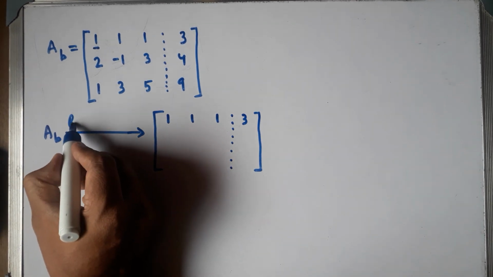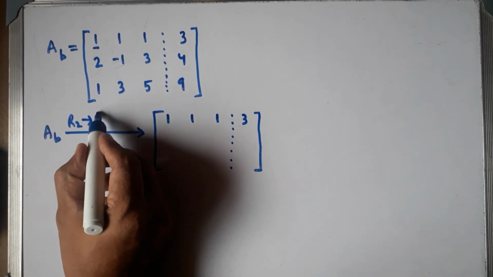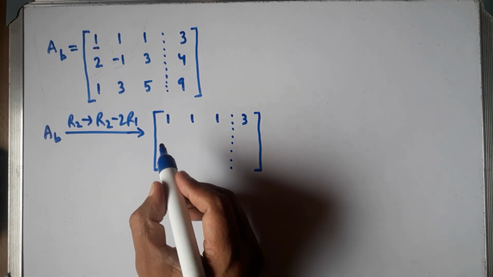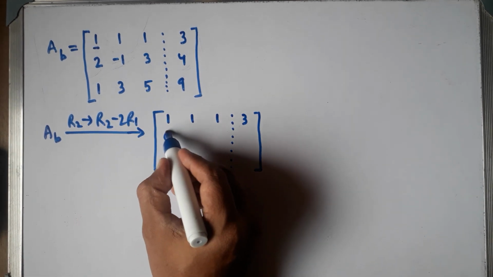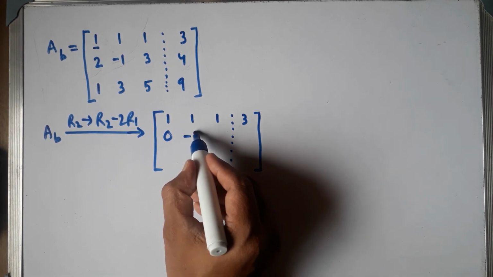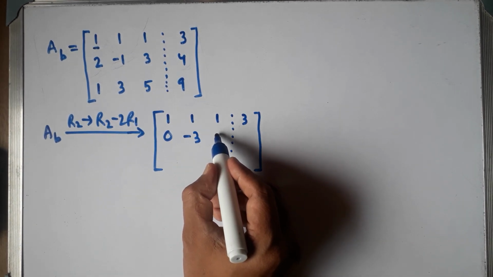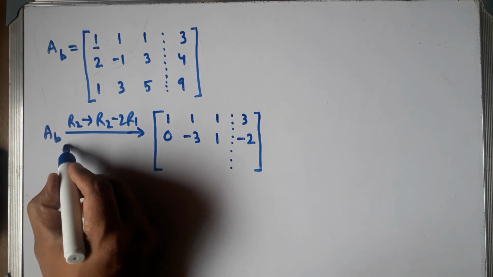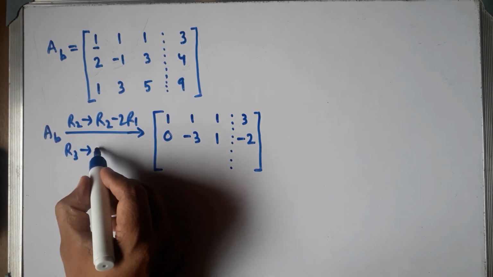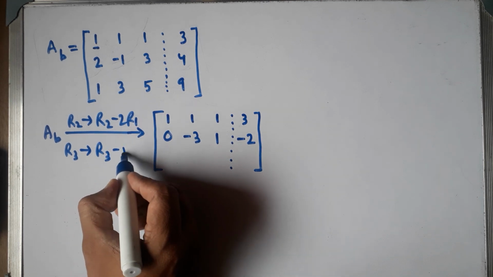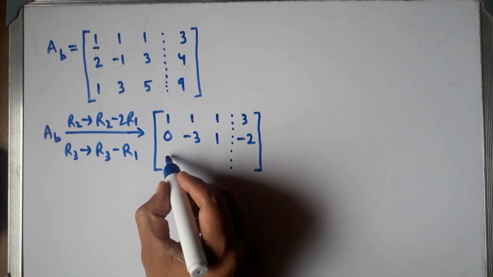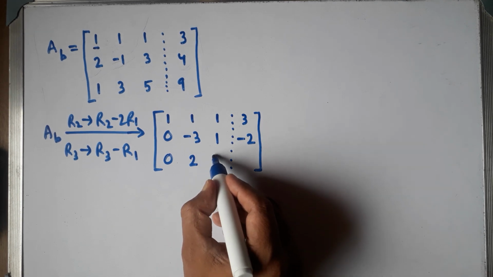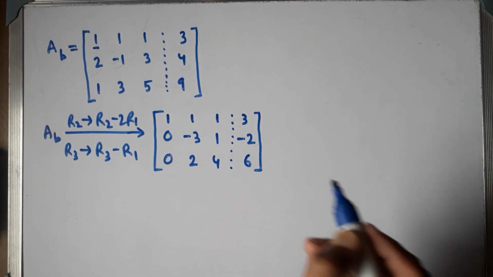Then R2 goes to R2 minus 2 times R1. So this gives 0, minus 3, 1, minus 2, and then R3 goes to R3 minus R1. So this is 0, 2, 4, 6.